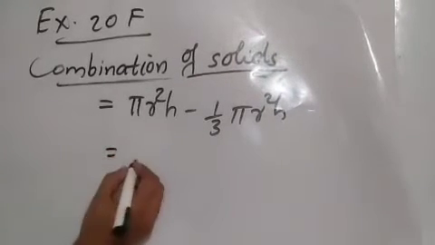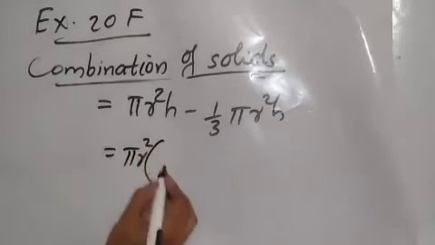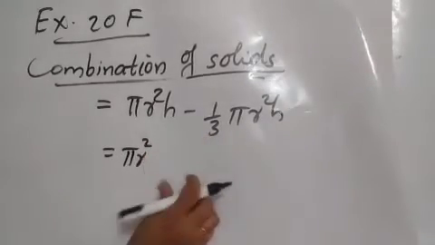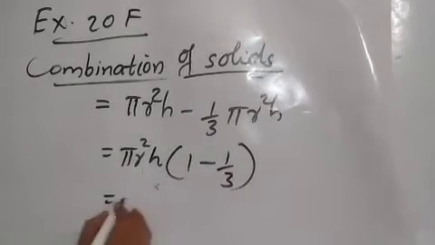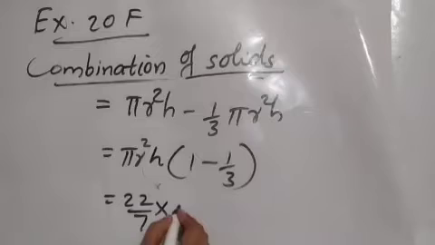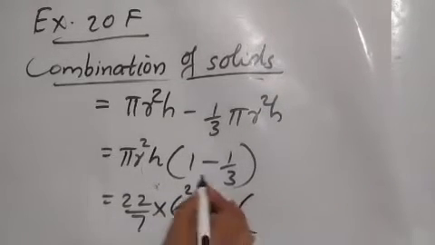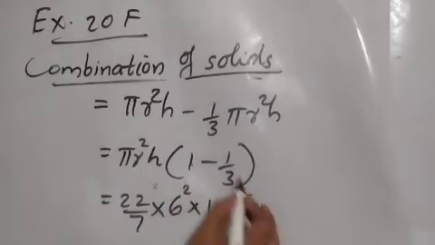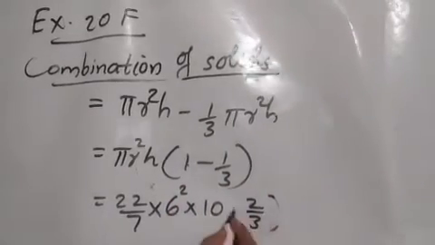Substitute. Pi is common here, and also r square is common. h also common. 1 minus 1 by 3, into 22 by 7 into radius 6 square into height 10. What is 1 minus 1 by 3? 3 minus 1, 2 by 3. So we don't want the bracket, into 2 by 3.